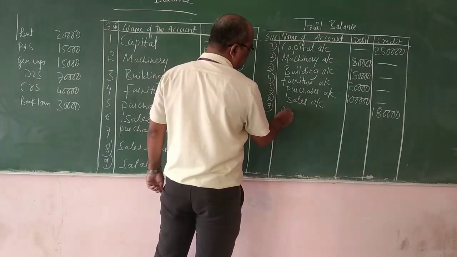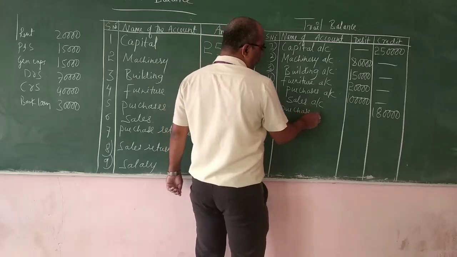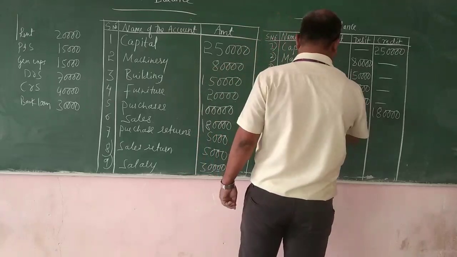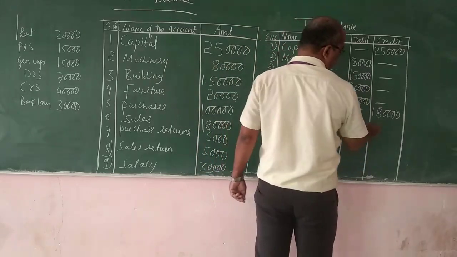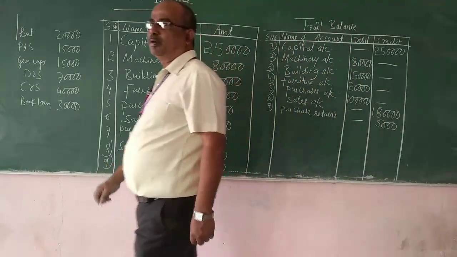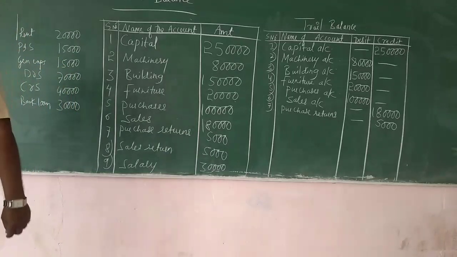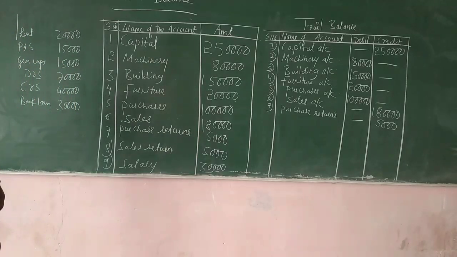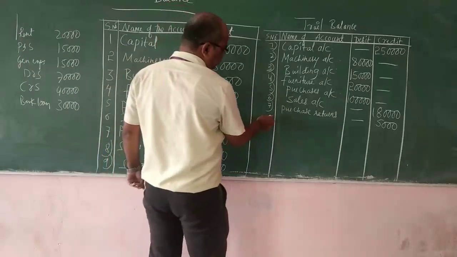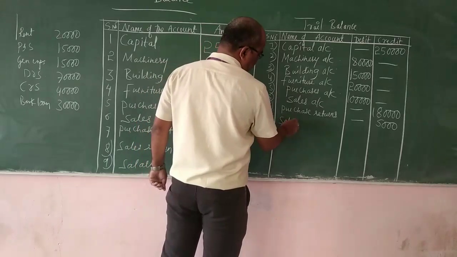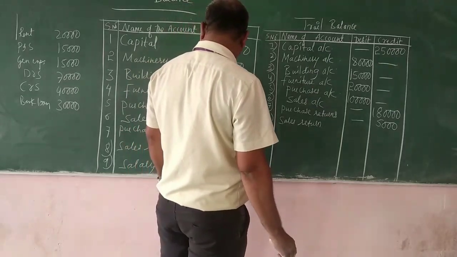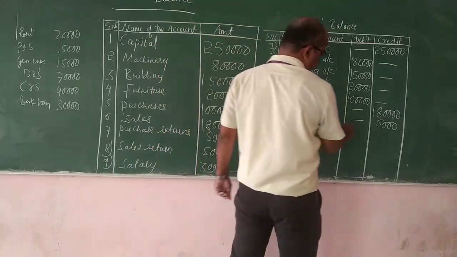Purchase returns is also called return outwards, and it is 5,000. Purchases is on the debit side, so purchase returns will be written on the credit side. Next, sales return. Sales is on the credit side, so sales return will be recorded on the debit side.